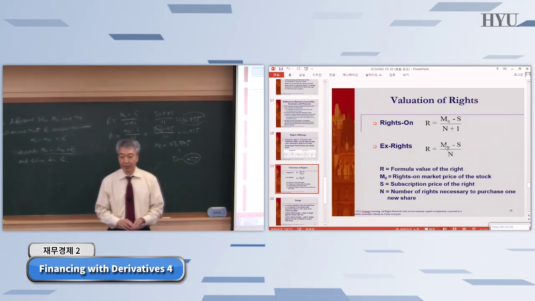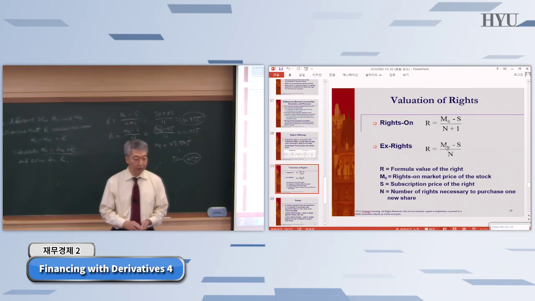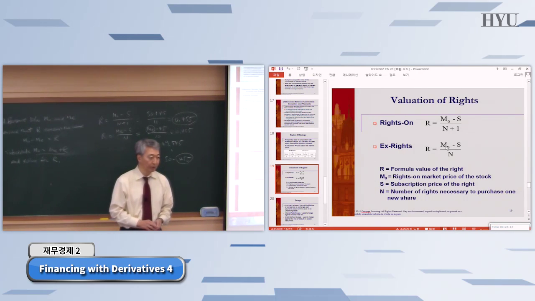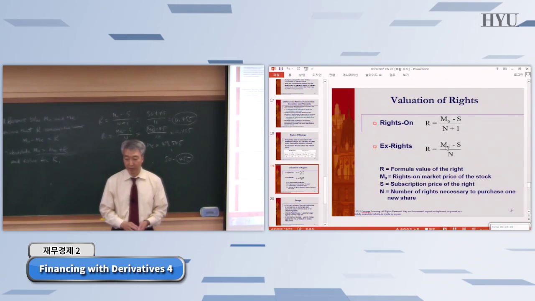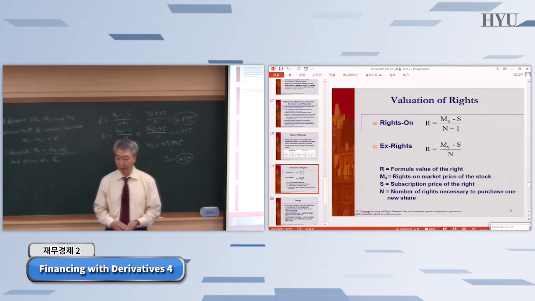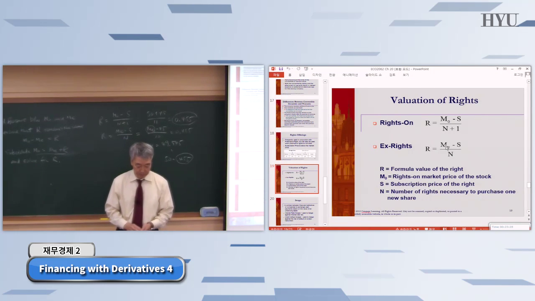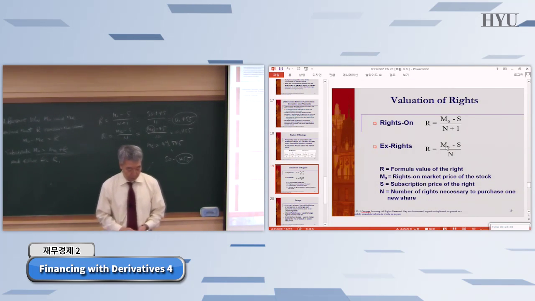But with this rights offering, when the company offers rights, they don't give you that much time. Before they actually issue the new stock, maybe you'll have to exercise within 10 days or so. So it's a very short-term call option.